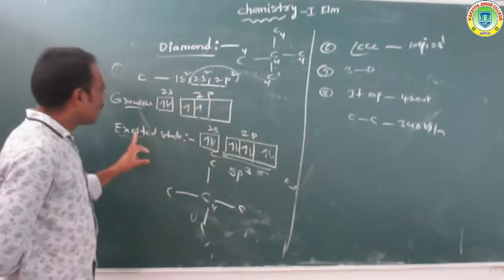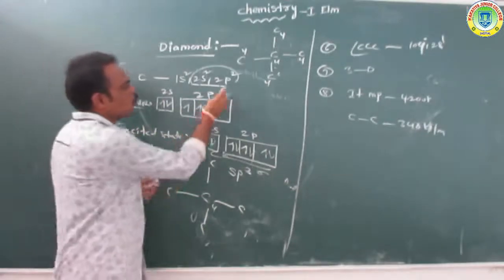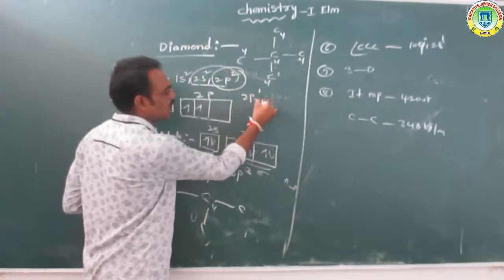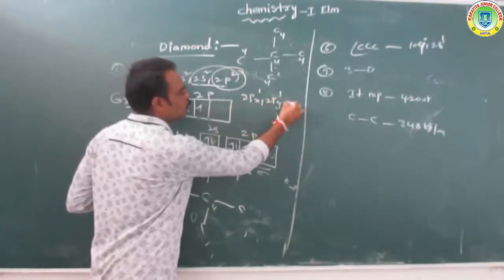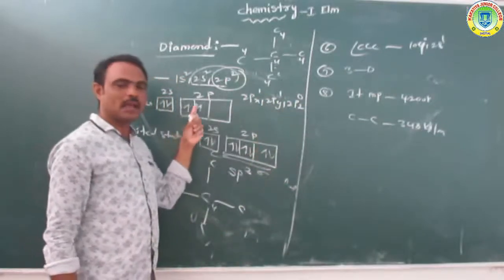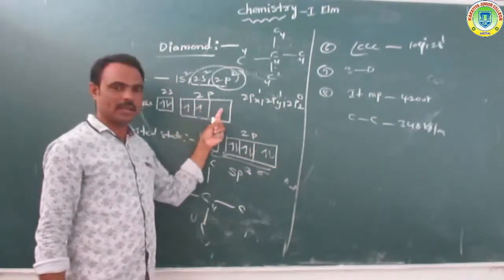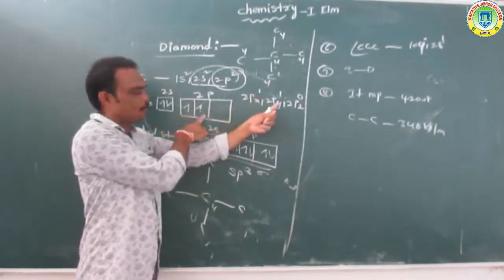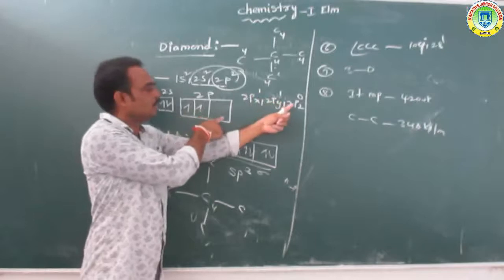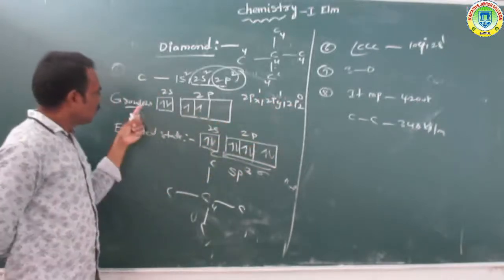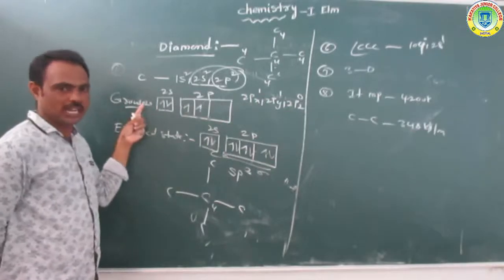For 2p2 we write 2px1, 2py1, 2pz0. The px orbital has 1 electron, the py orbital has 1 electron, and the pz orbital has 0. This is called the ground state.